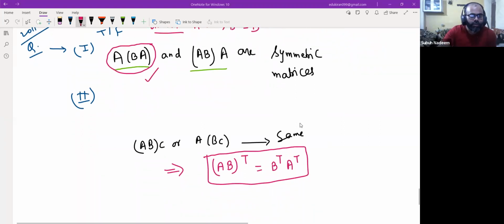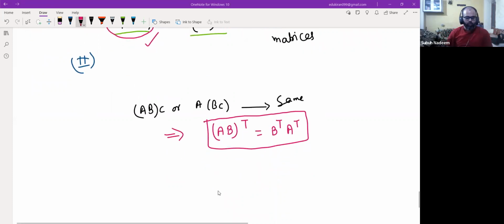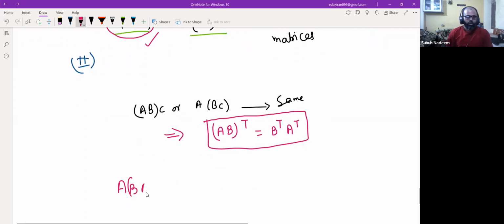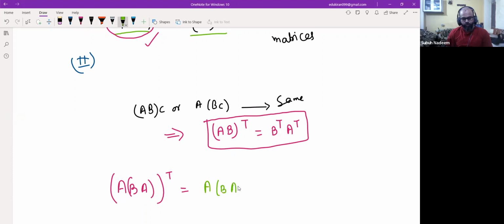So if you see here, they are talking about A, B, A, like this. So if it is symmetric, then what should be there? If you take the transpose of this one, this should be equal to the same matrix. Here you have to understand that this whole is a single matrix, so it should be A, B, A. Then it will mean that it is symmetric.